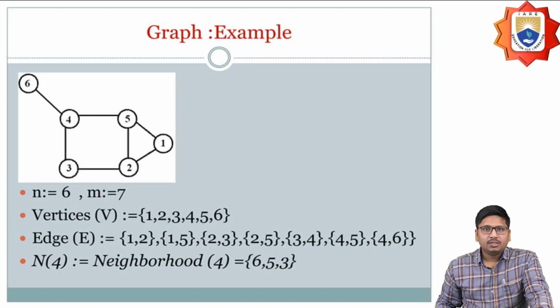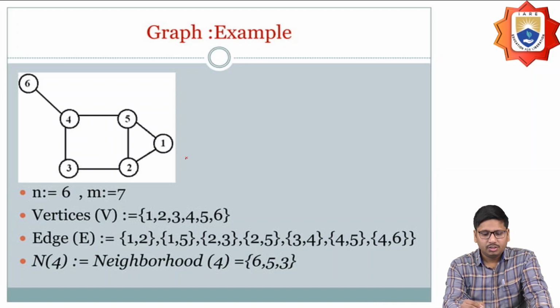So let us consider this graph. In this graph, the number of nodes is 6 and the number of edges is 7. How can I represent this? There is the set of vertices and the set of edges.